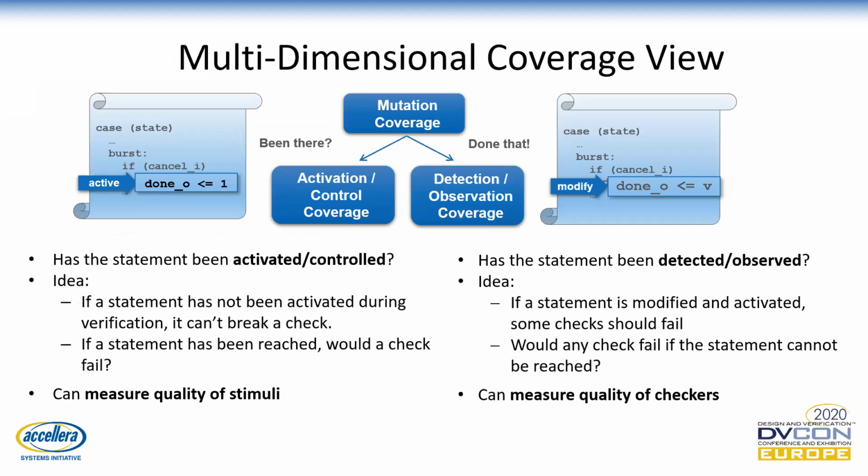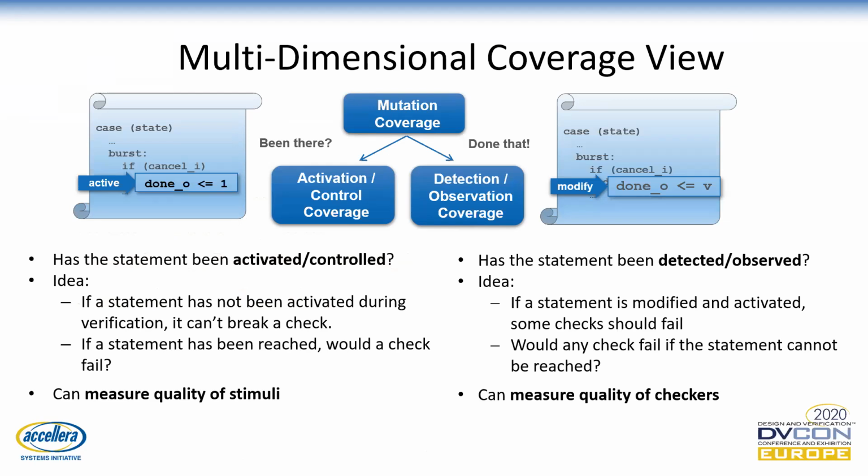It's a multidimensional view over the coverage. The mutation-based approach is actually answering two main questions. Is my location being activated or controlled? And is my location being detected or observed?